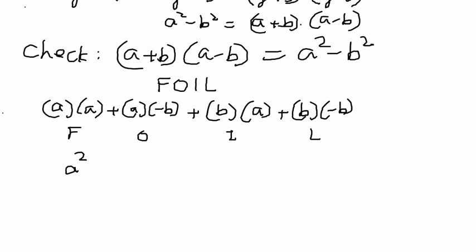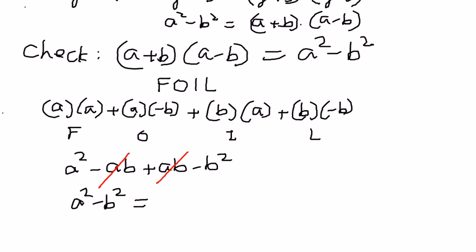A times negative b is negative ab. And b times a or a times b means the same thing, so I'm going to write it as plus ab. Plus b times negative b is minus b squared. So in here, positive ab and negative ab cancel out, leaving us with a squared minus b squared. Therefore, a squared minus b squared is the same as a plus b times a minus b.